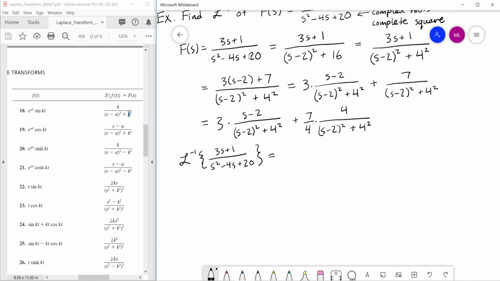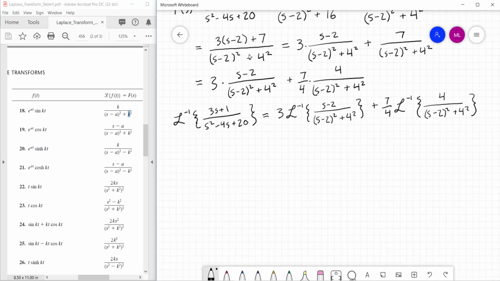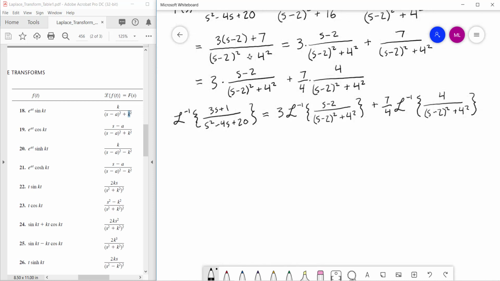So in this case, that's the same as doing 3 times the inverse Laplace transform of the first part that we have here, so s minus 2 over s minus 2 squared plus 4 squared, plus 7/4 times the inverse Laplace transform of 4 over s minus 2 squared plus 4 squared.